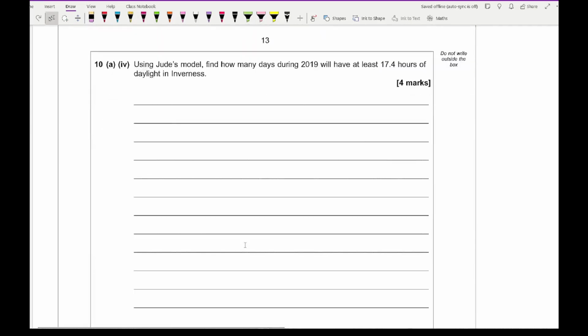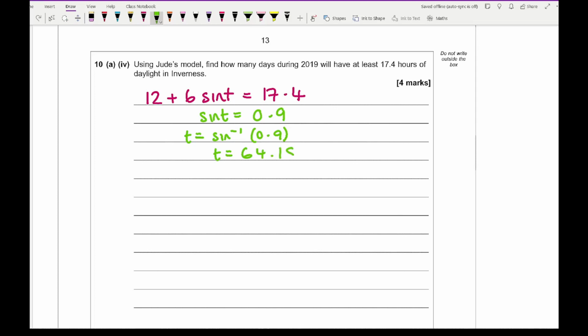Moving on to the next part, it says using Jude's model, find out how many days during 2019 will have at least 17.4 hours of daylight in Inverness. So for this, we've got 12 plus 6 sine t equals 17.4. Then if I do a bit of rearranging, I get sine t equals 0.9. Then t equals the inverse sine of 0.9, which gives me an answer of 64.158.